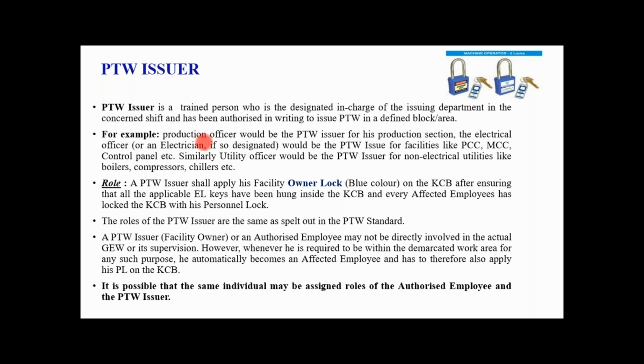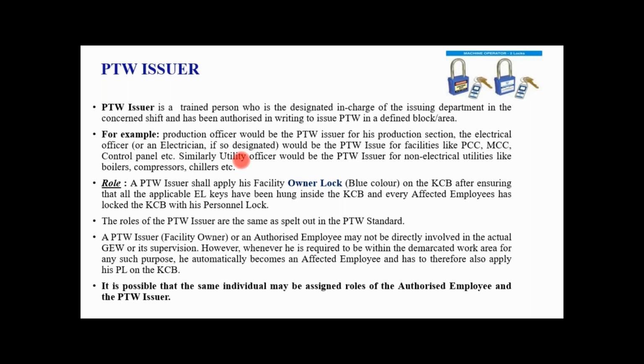For example, the production officer would be the permit to work issuer for his production section. The electrical officer may be a permit to work issuer for electrician work, for the control panel activity, for the circuit breaker activities, for the starter activity, etc.